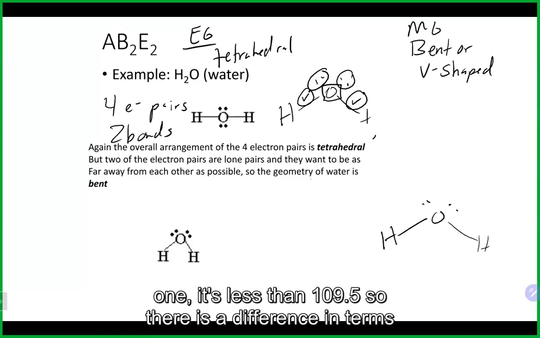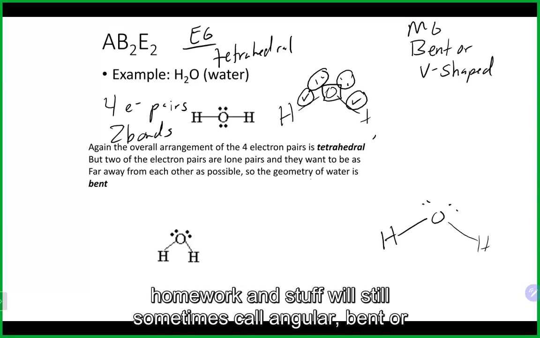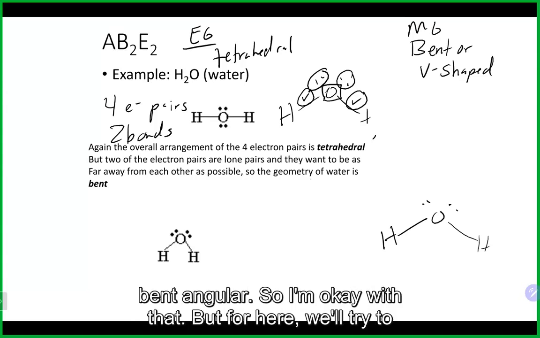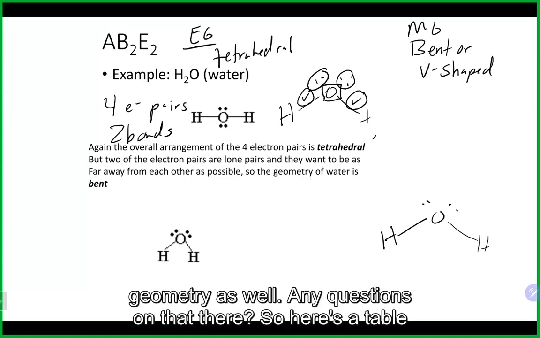With this one, it's less than 109.5. As I mentioned before, books and online homework will still sometimes call angular bent or bent angular. I'm okay with that, but here we'll try to stick with angular for that one to distinguish it from this geometry. Any questions on that?